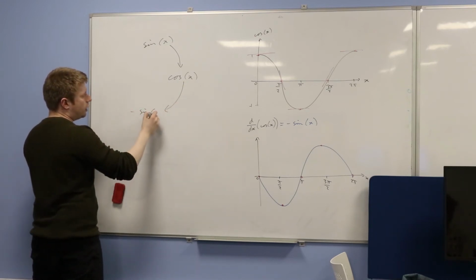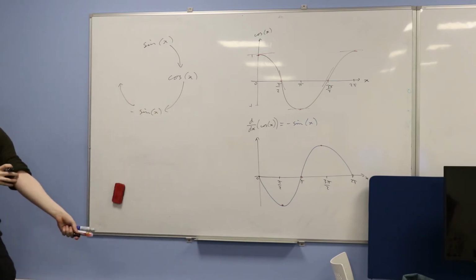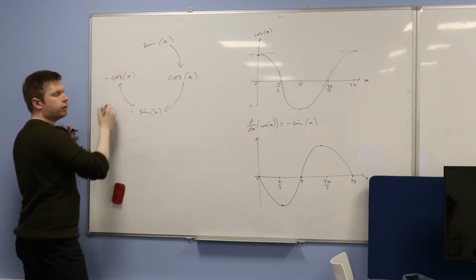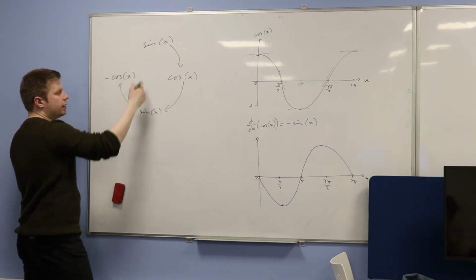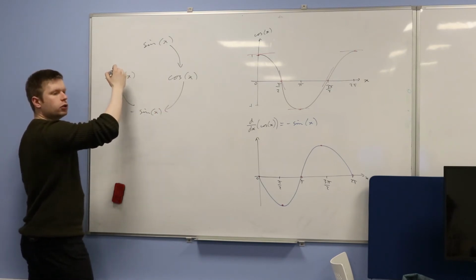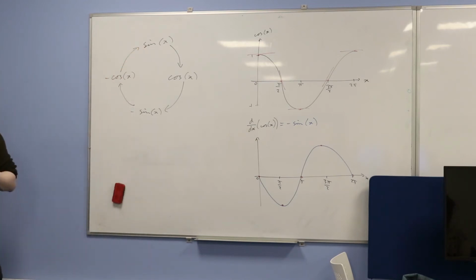Negative sine x. So can anybody think what we would get if we differentiated the negative sine? Negative cos. Can you see that? Because sine, negative sine, cos, negative cos. If we differentiate negative cos, what should we get? Back to sine again. Okay.